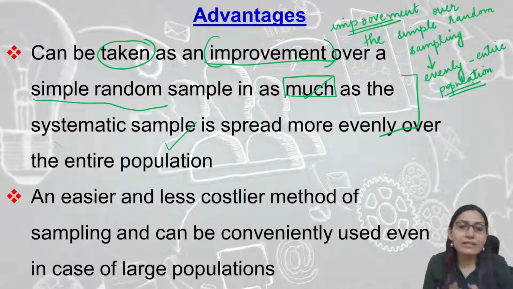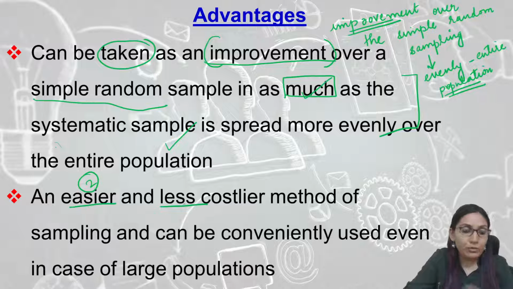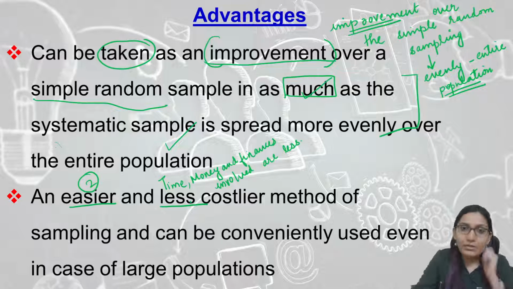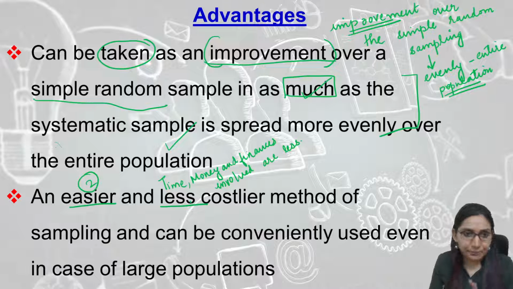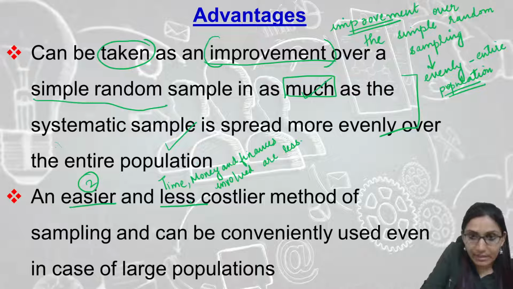The second advantage is that it is an easier and less costly method of sampling and can be conveniently used even in case of a large population. So the time, effort, money and finances involved are less, and the convenience is high.